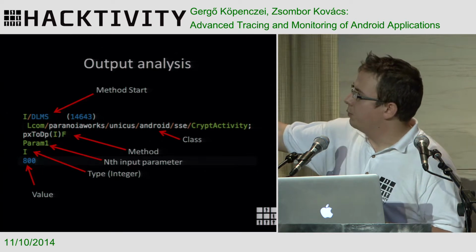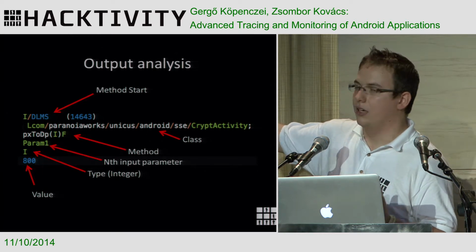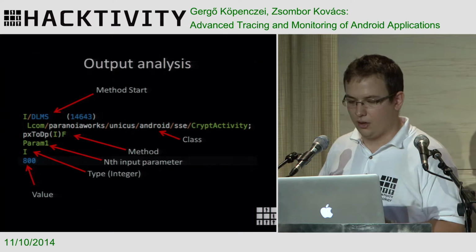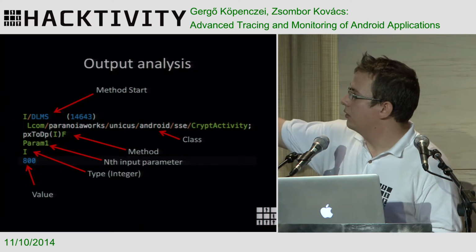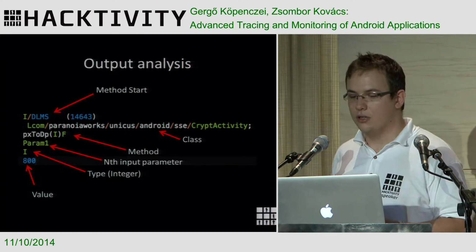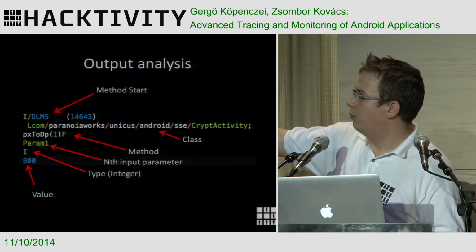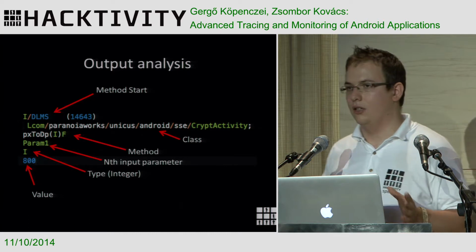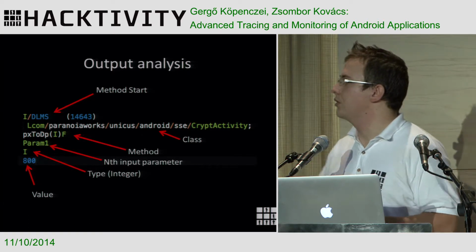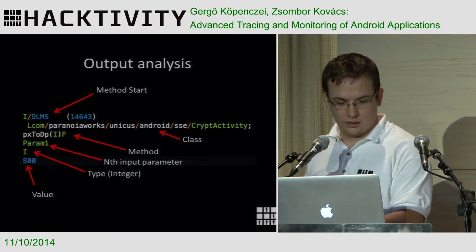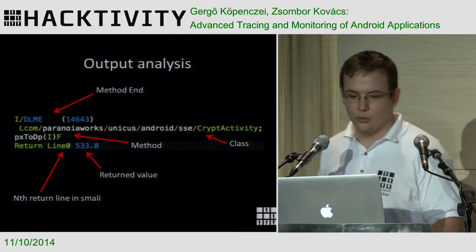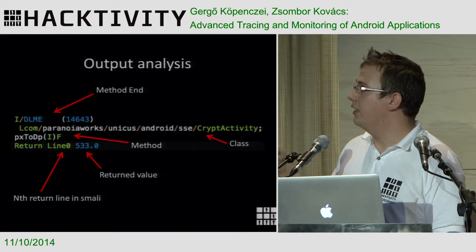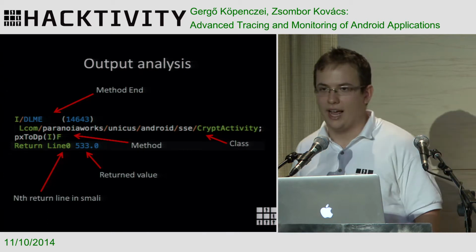The third line says that this is the first parameter of this function. This shows that it's an integer, and the last part is the value we logged in this specific case, which is 800.